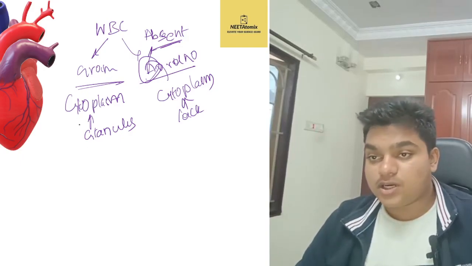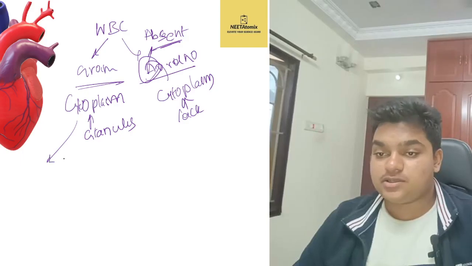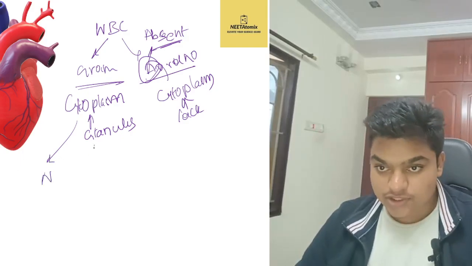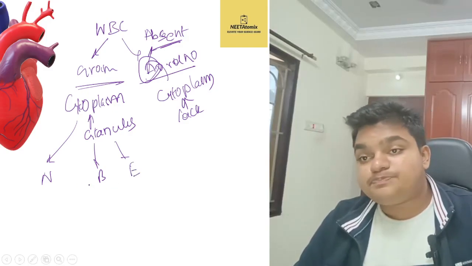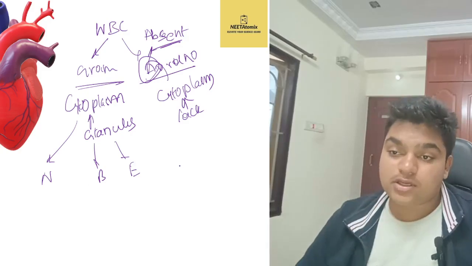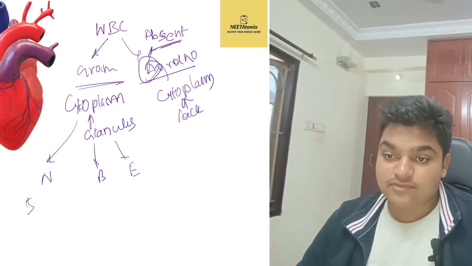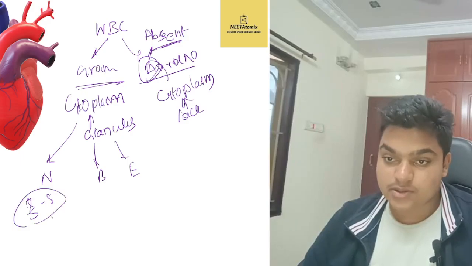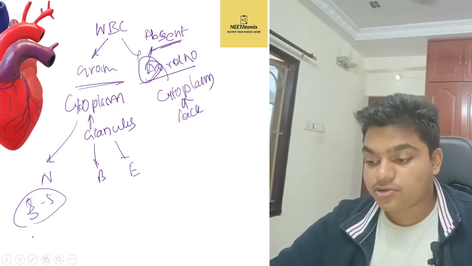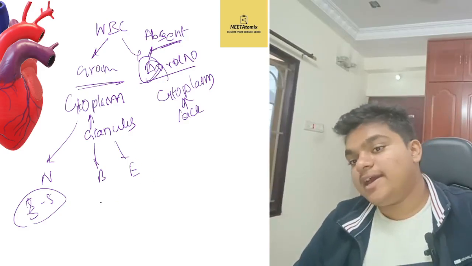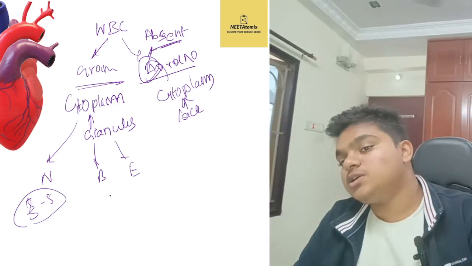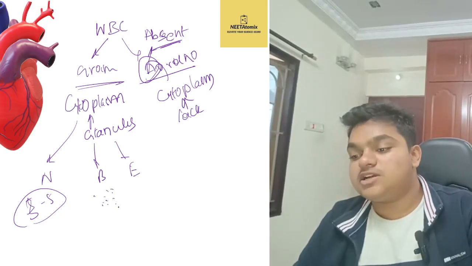Now, what are the examples of granulocytes? Let me give you some examples. Neutrophils, basophils, and eosinophils are called granulocytes. Neutrophils have a 3 to 5 lobed nucleus. Next, basophils have a dotted appearance in the cytoplasm.